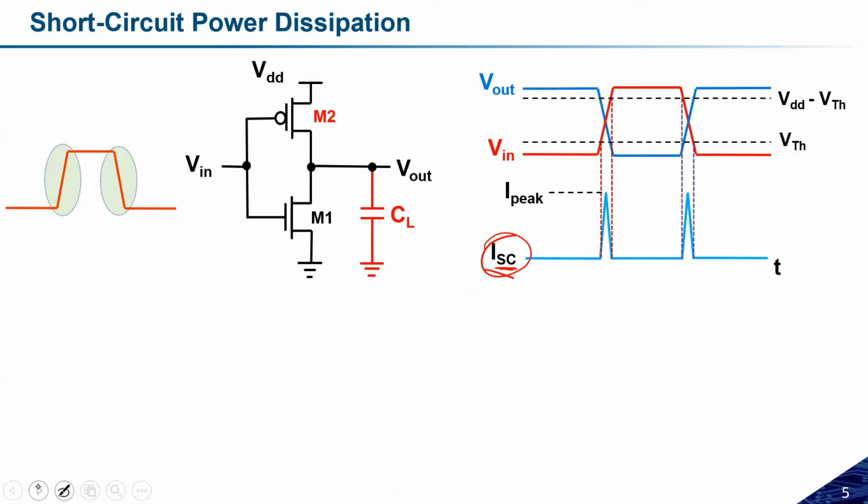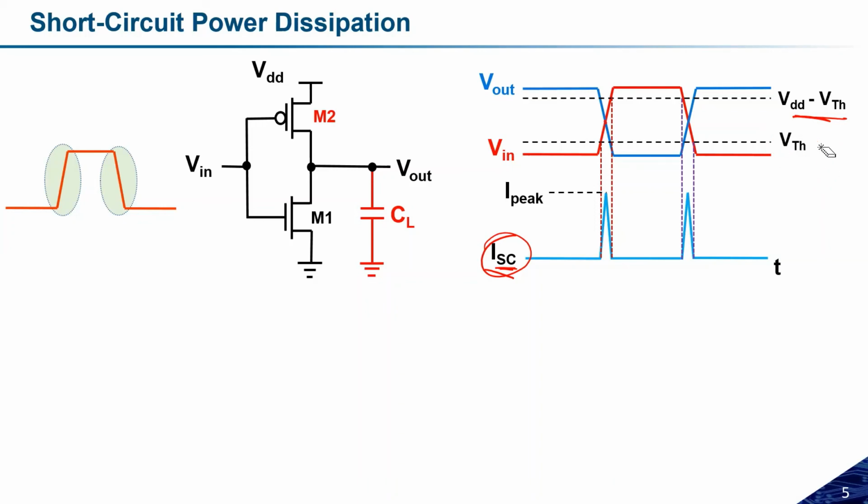The important thing is the range in which we will get the spike of this short circuit current, that will be in between the VTH and the VDD minus VTH. This is only because after the VTH, the transistor will be in on state. To make the transistor go into the saturation region, you have to increase the input to more than the VTH.